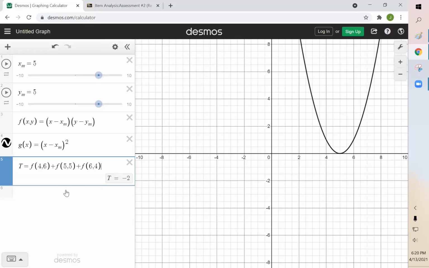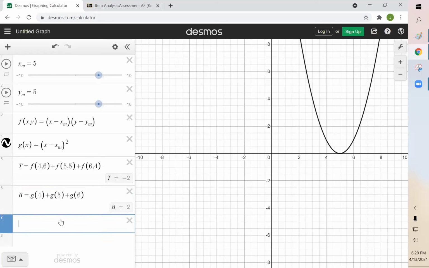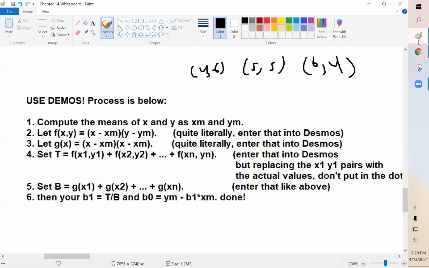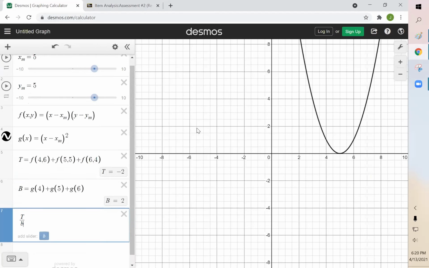That's your numerator. Now the bottom, we just need the x's, so that's the 4, 5, and the 6. And the last step until you get the B1 is top over bottom. And there you go, that's your B1.